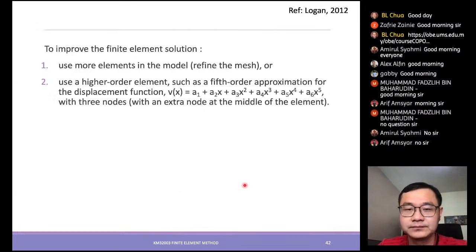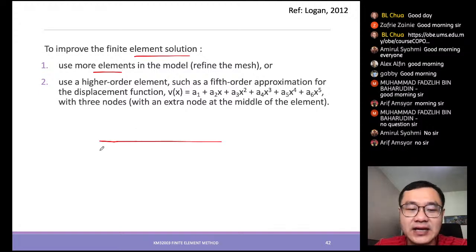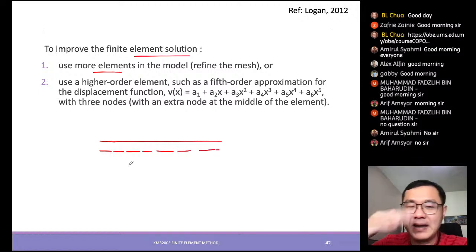If we intend to further improve the finite element solutions, we can use more elements by refining the mesh. Instead of one straight line, you can add 1, 2, 3 more elements, and then you should get a more proper bending curve.